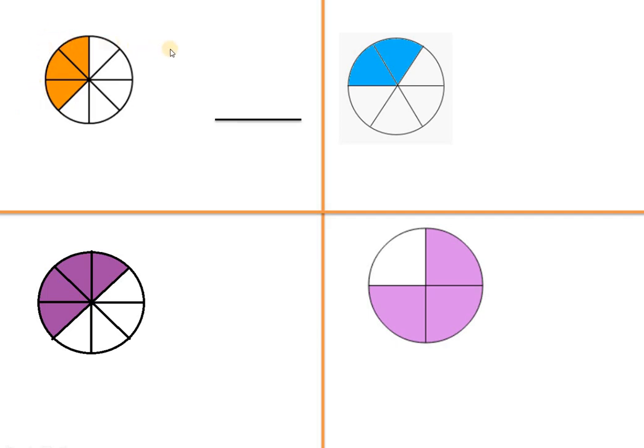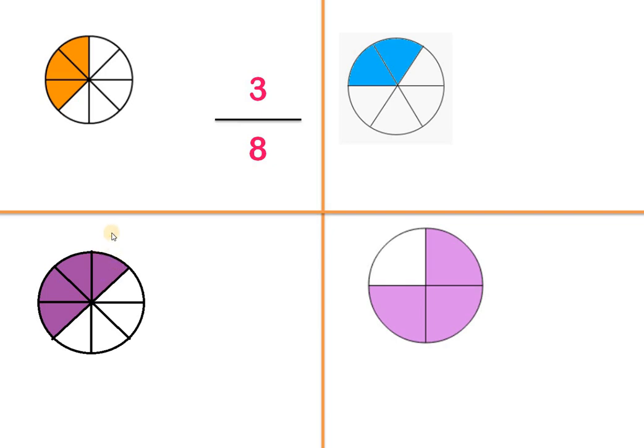So the bottom number is 8. How many colored parts are there? 1, 2, 3 colored parts. So 3/8. Let's move on to the second one.